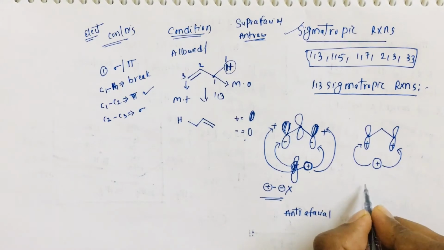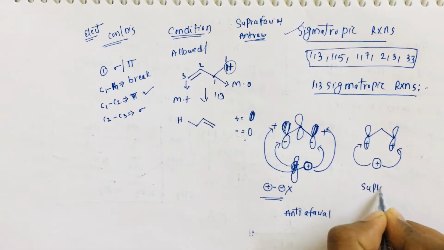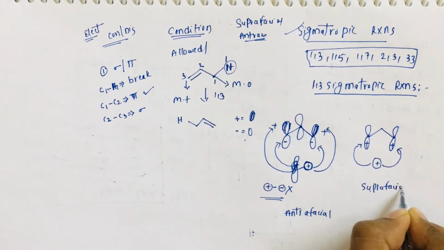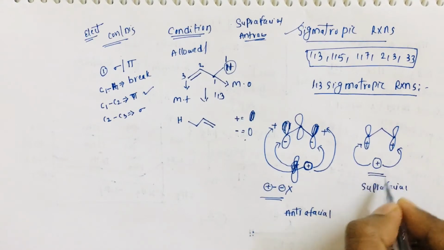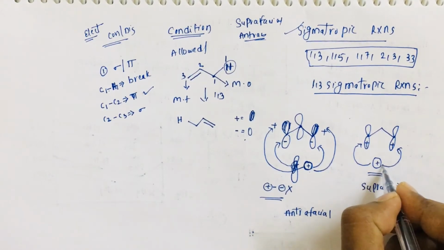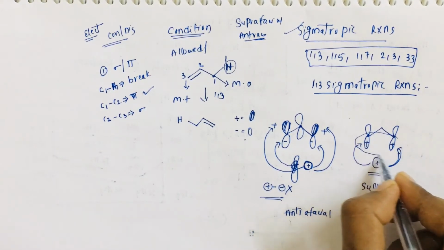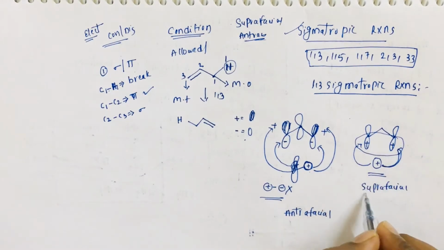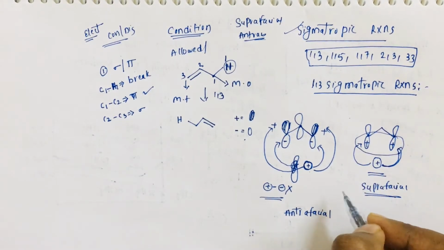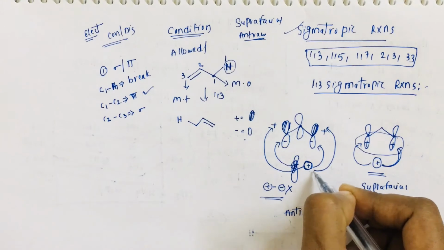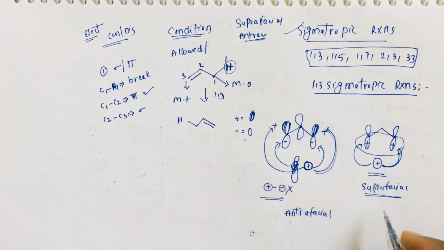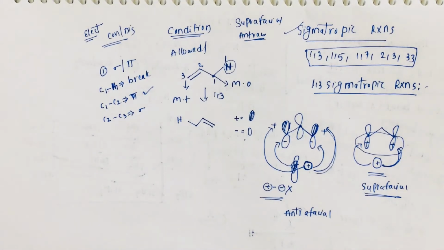This is called suprafacial attack. If the hydrogen attacks the lower orbitals having positive charge, that is suprafacial, and if it goes all the way from here to the upper orbital, that is antifacial. Just remember like that. I hope suprafacial and antifacial are clear now.